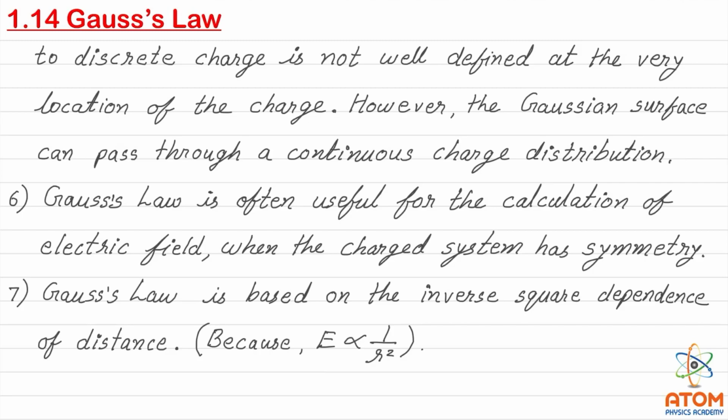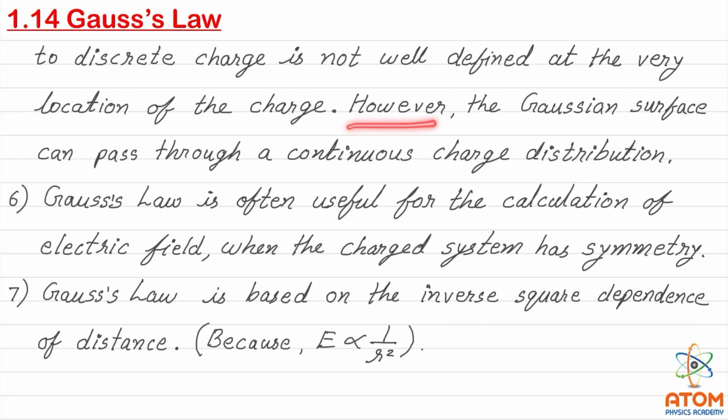So when you are choosing the point very near to the proton, equationally the electric field will be infinite. So we cannot define that electric field, and so we cannot apply this Gaussian law. So you have to take care while choosing the Gaussian surface that Gaussian surface should not be passing through the discrete charges.